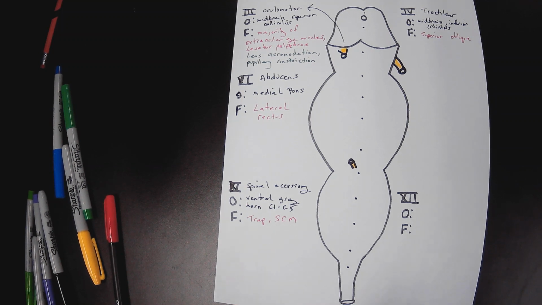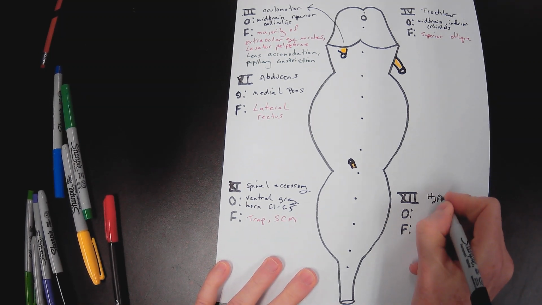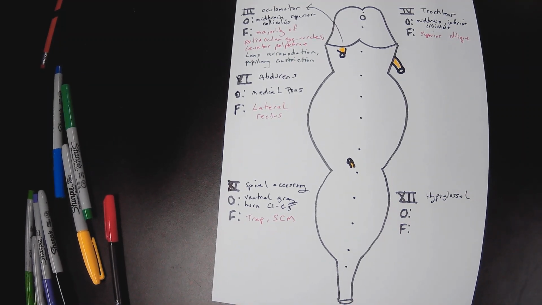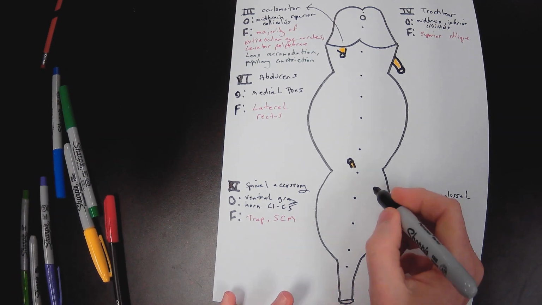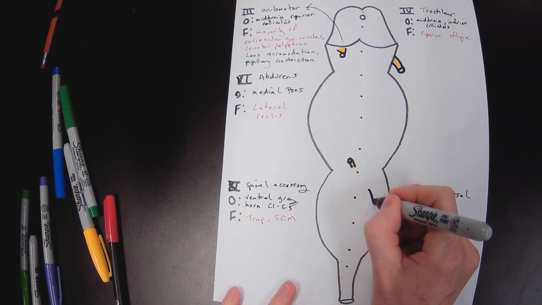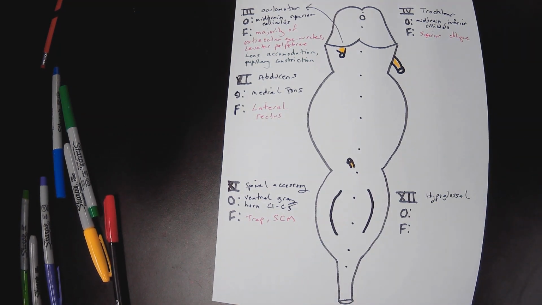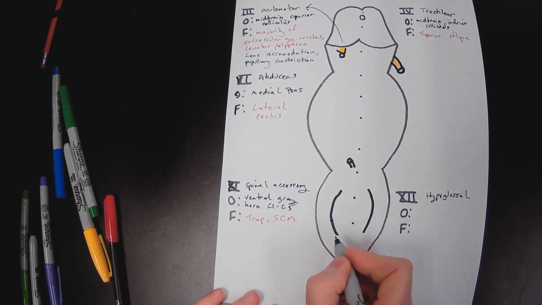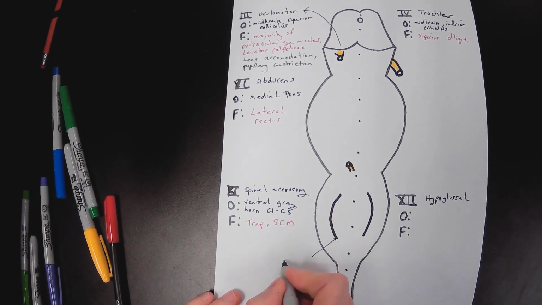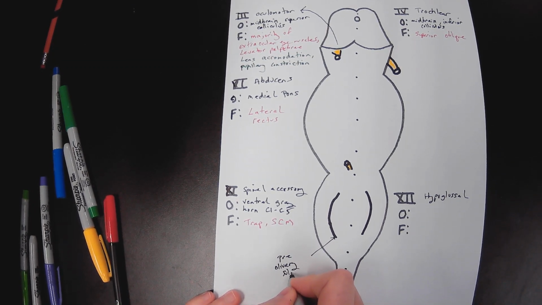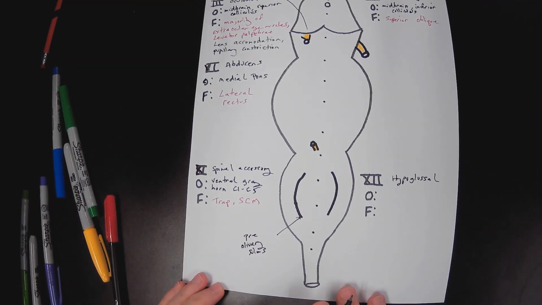Got it? Okay, cranial nerve number 12, that's going to be hypoglossal. Again, hypoglossal originates from the sulcus just in front of the olive, which is your pre-olivary sulcus. So it is this big old guy here.